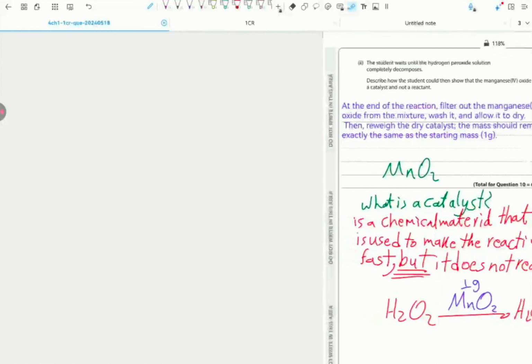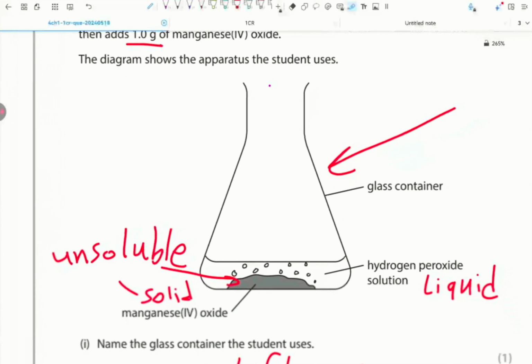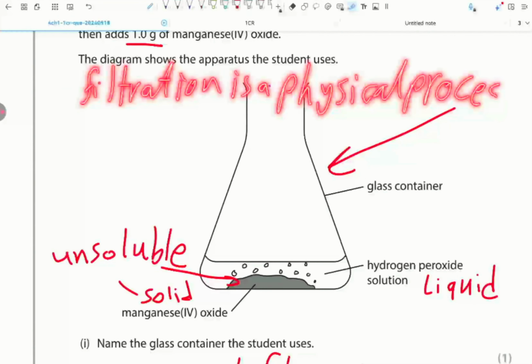What do we mean by filtration? Filtration, if you remember, my friends, is a physical process. If you remember in question 4, I think we talked about it.